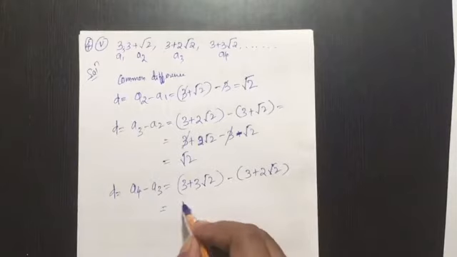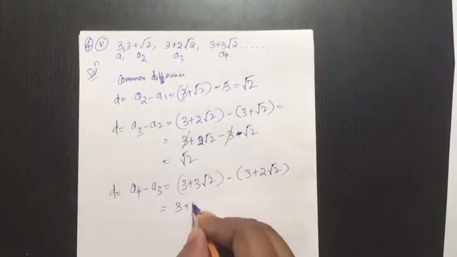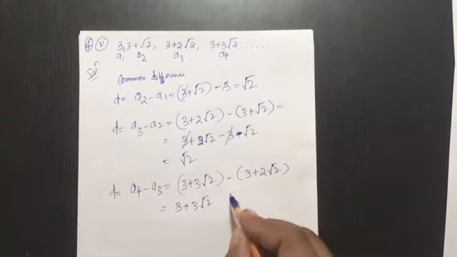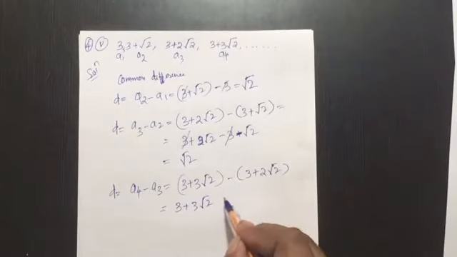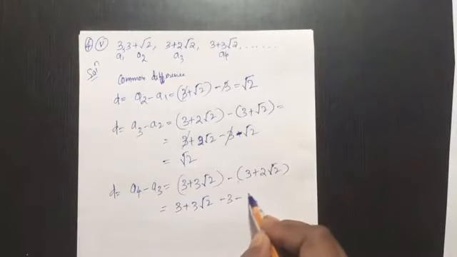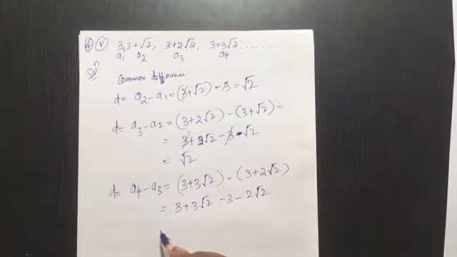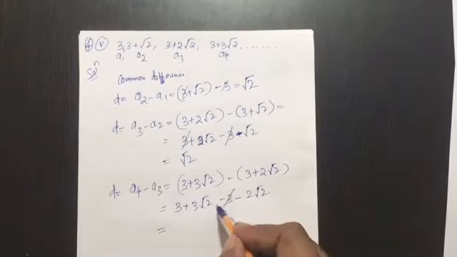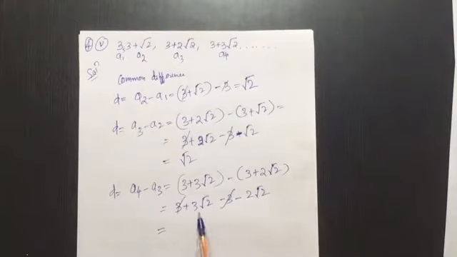First you write this term the same, 3 plus 3 root 2. Here first you multiply with minus, that is minus 3 minus 2 root 2, so the plus 3 and minus 3 cancel each other, you have 3 root 2 minus 2 root 2.